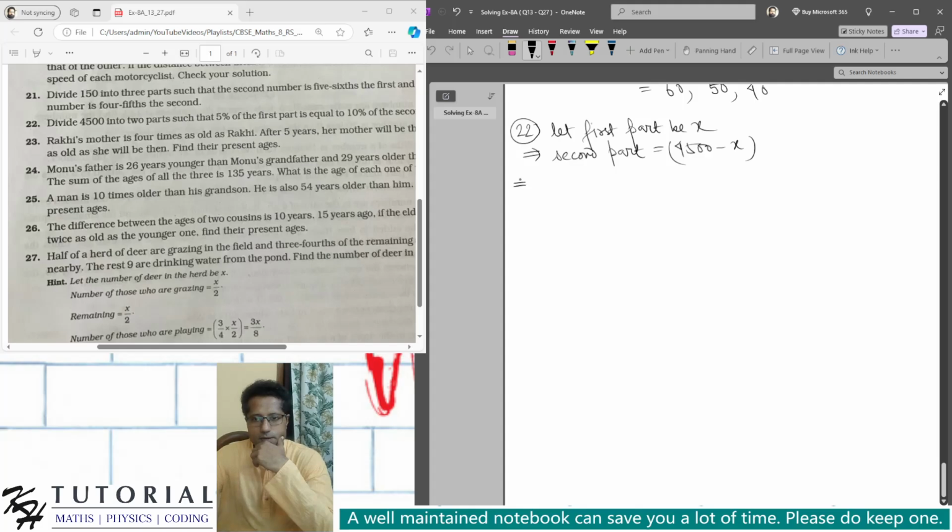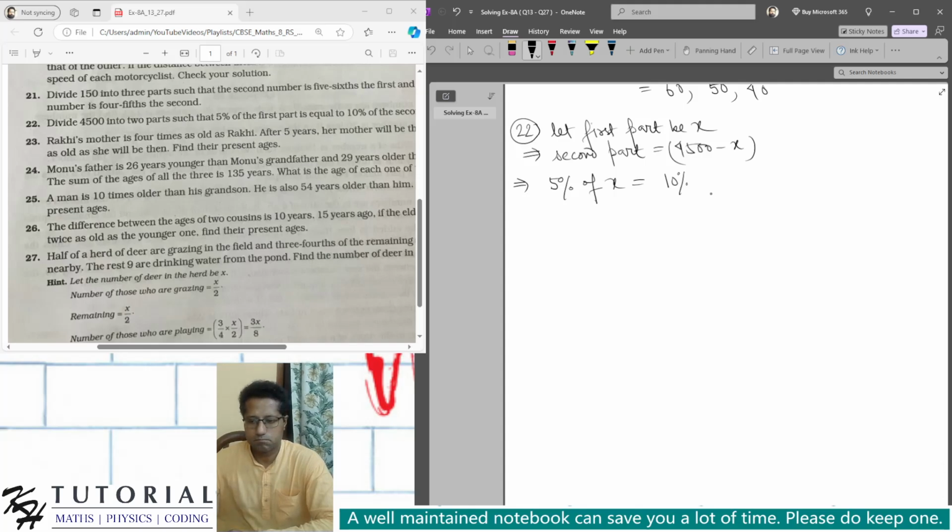Now it is given that 5% of the first part, that is x, is equal to 10% of the second part. Your concept of percentage must be well covered, as you must have already covered the percentage chapter in your previous class or in this class also.